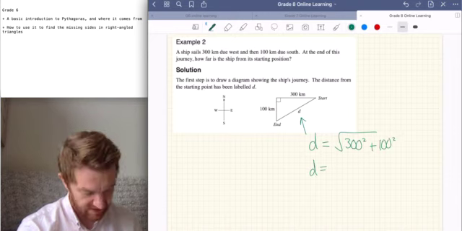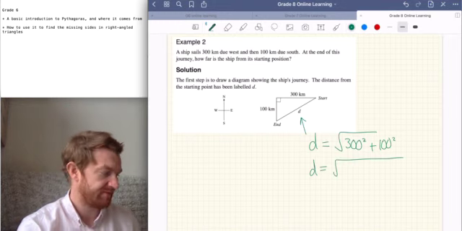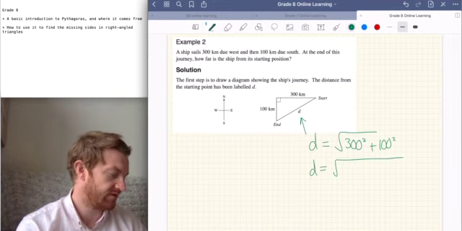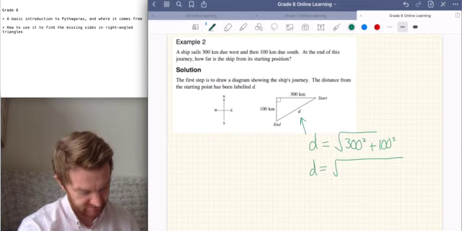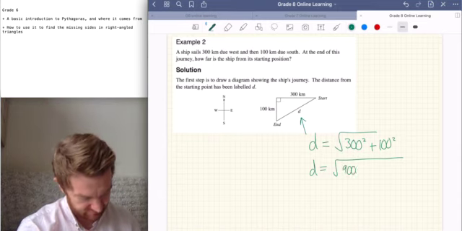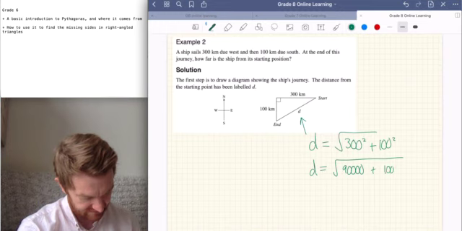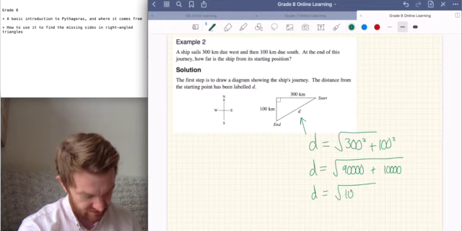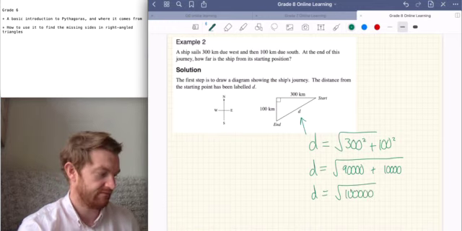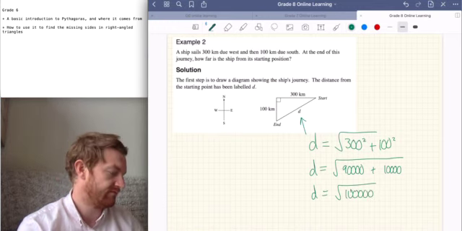The numbers you're going to get are going to be quite big, but don't worry. So you do 300 squared plus, so it's 90,000 plus 10,000. So D is equal to the square root of 100,000. And then you're on your calculator and you go, oh, 100,000, that looks like it might be a good root.